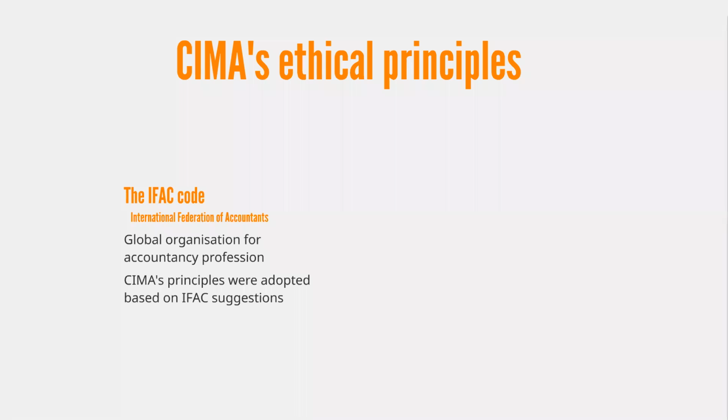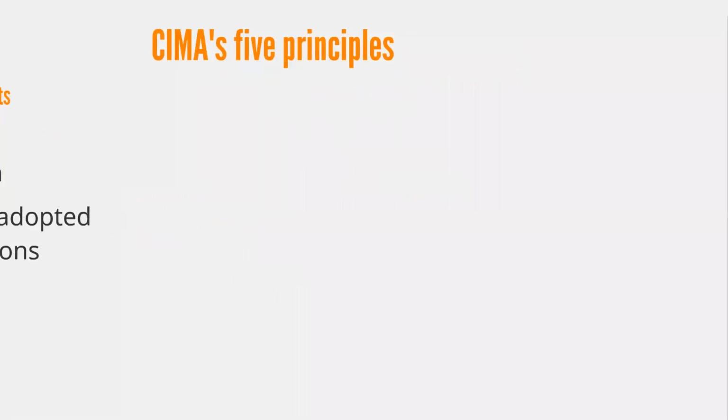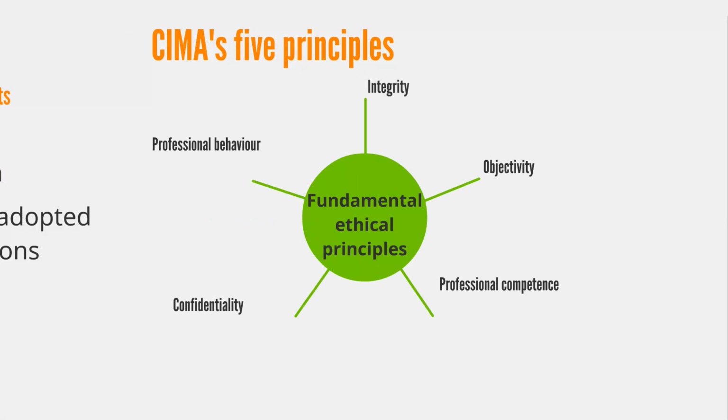So let's take a look now at CIMA's 5 fundamental ethical principles that you're going to see in BA4, E1, E3, and in your case studies as well. They are all relatively simple. And in fact, even if you hadn't studied this information before, I suspect you could have a really good guess at what a lot of these meant.